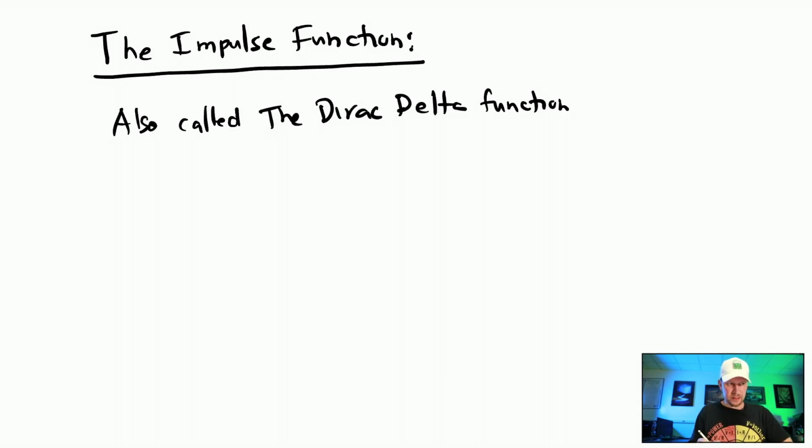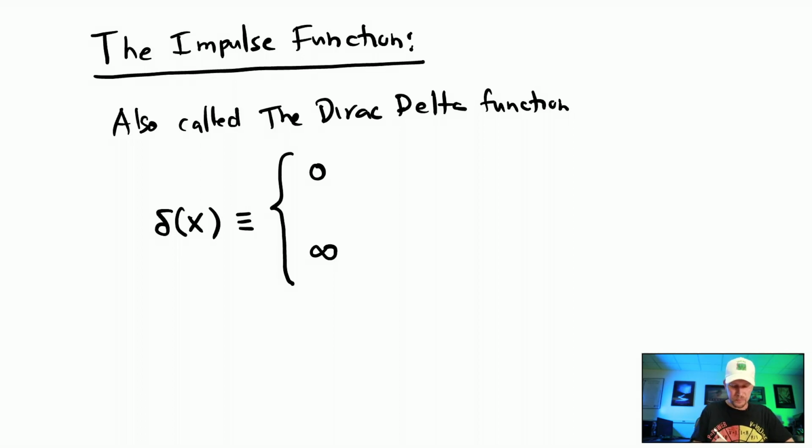Now, just like the step function, it can take on one of two values, and it has one extra defining property. The symbol that we use to denote the impulse function is the Greek lowercase delta, and by definition, it can either take on the value 0, or very strangely enough, it can take on the value infinity.